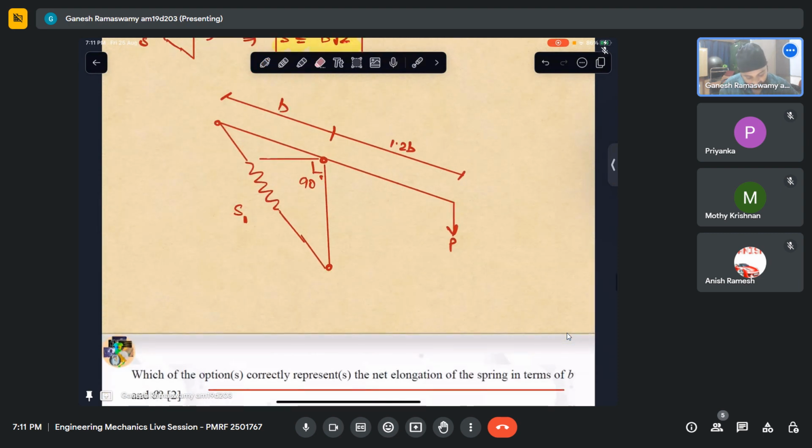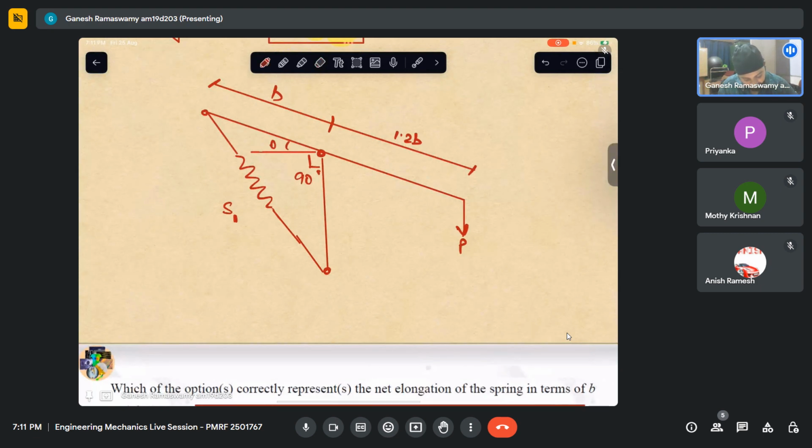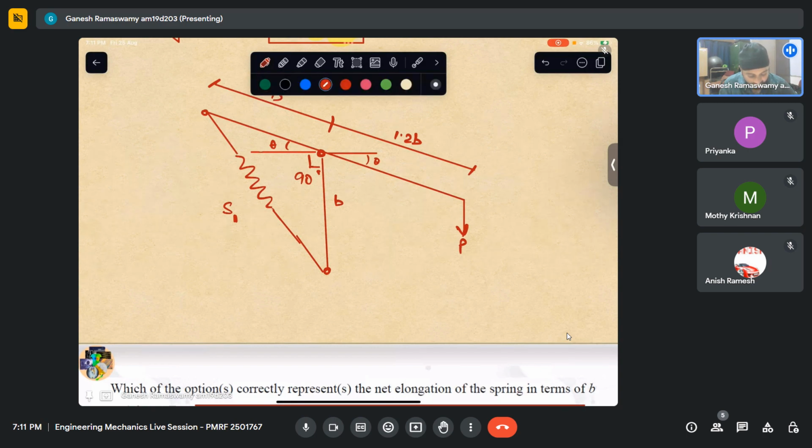So this is theta. Again, this also becomes theta then. So what is S1 is what we have been asked. So this is B, that is also B. Now in this triangle, by means of geometry, can I find out what S1 is? If I write this angle, what will that angle come out to be?